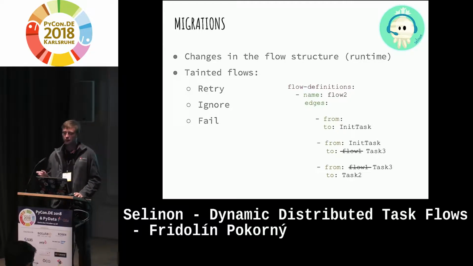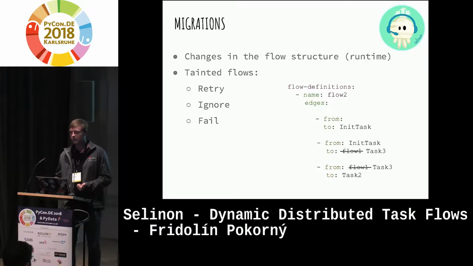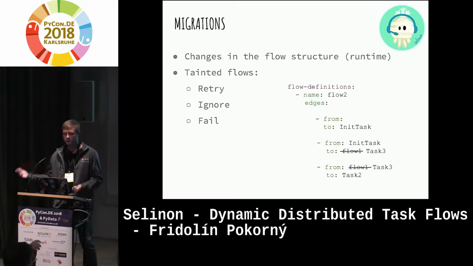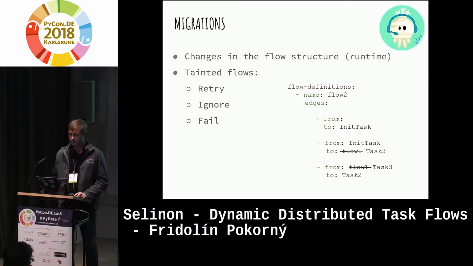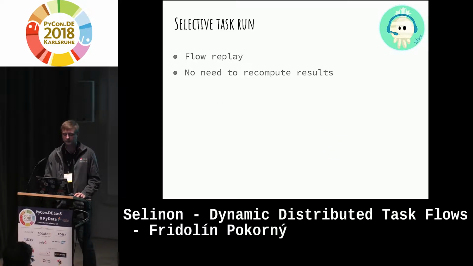In this case, you can state how the flow should behave, and you can choose from 3 options. Either you want to retry the whole tainted flow, that would behave differently with the old configuration in comparison to the new one, or you would like to ignore it completely, or you want to mark that flow as failed, so you probably aggregate these failed flows.